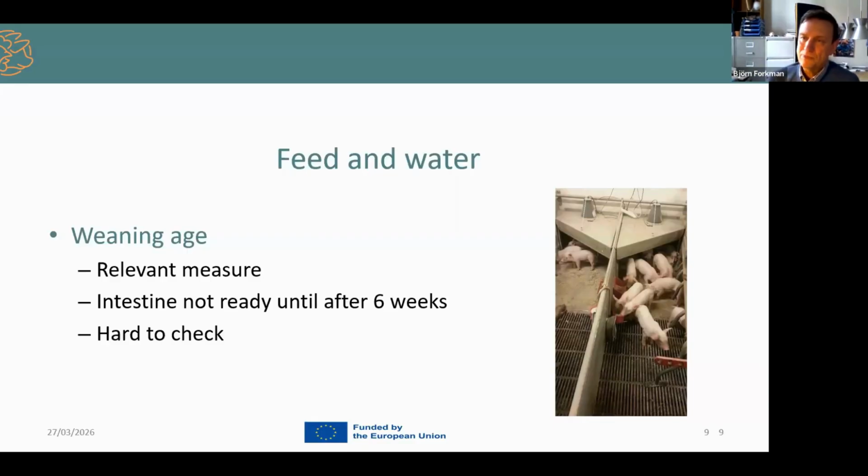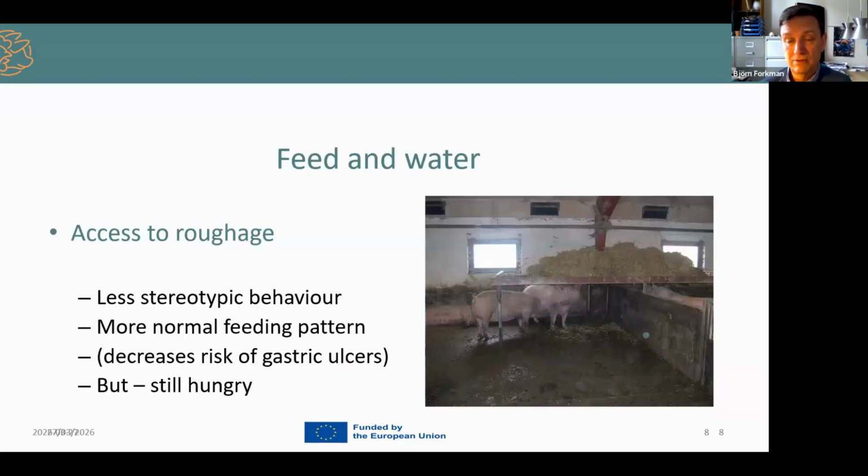But in many cases, they will use nursery sows. So you will move piglets from one sow to another. And when they're moved, it's not noted. So the actual weaning age is quite difficult to get from the farmer. And of course, extremely difficult for you to check.